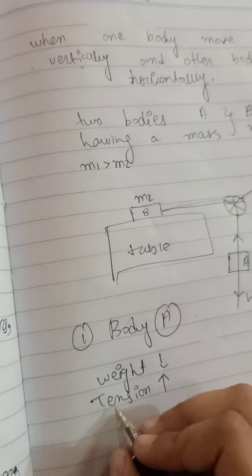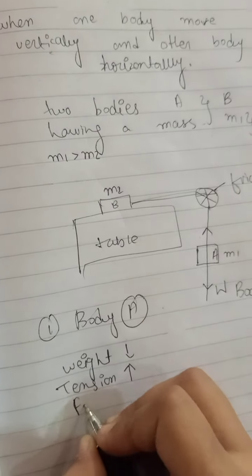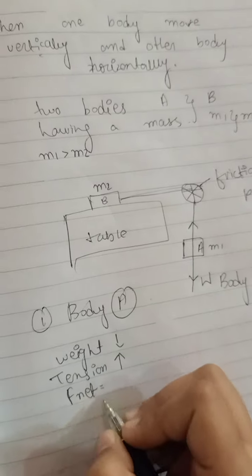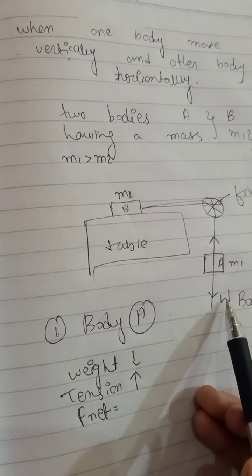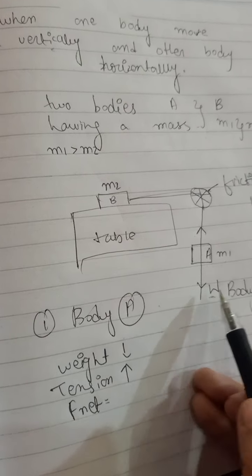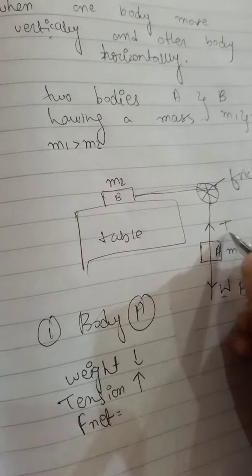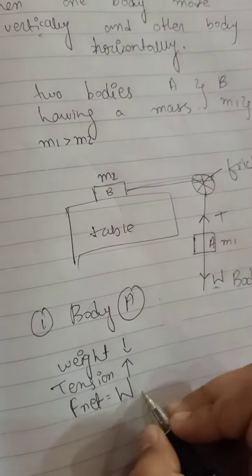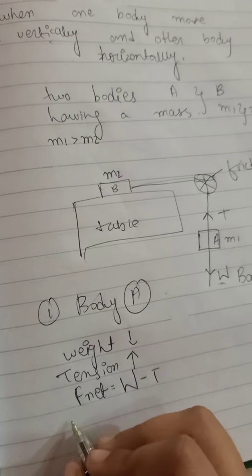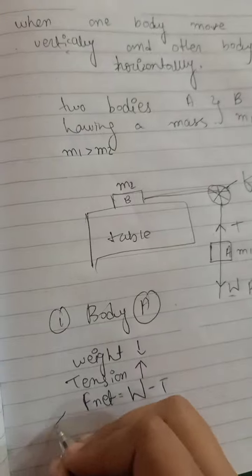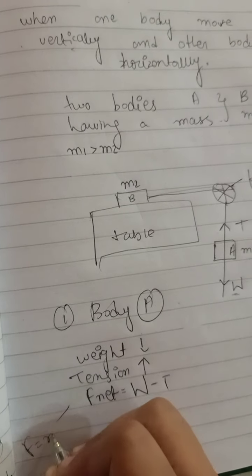If you're talking about the net force, weight is more and tension is less here. So we can write W minus T. And having a force, we have the formula F is equal to ma.